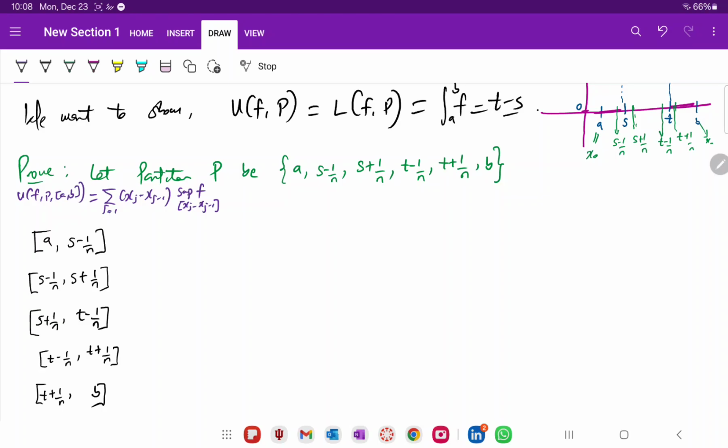You have to be very careful with that also. For the lower Riemann sum, just change the supremum to infimum of f over the interval s_{j-1} to s_j.